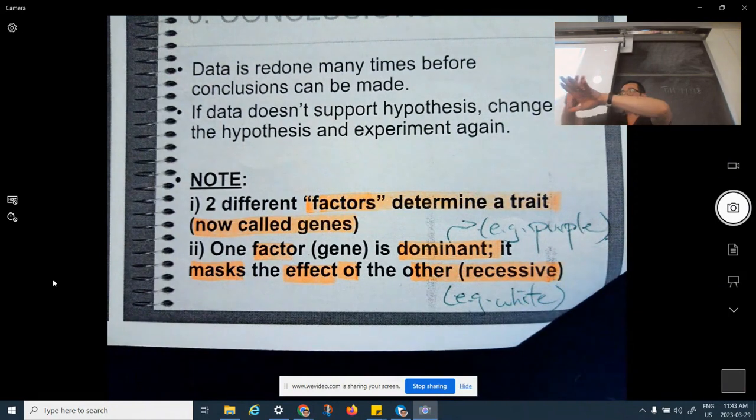So you have one gene for flower color for peas. You have the purple version or the white version. The purple version is dominant, the white version is recessive. Good?